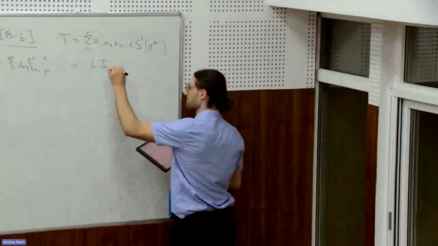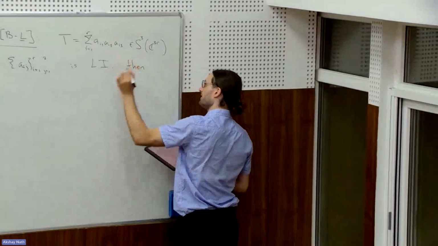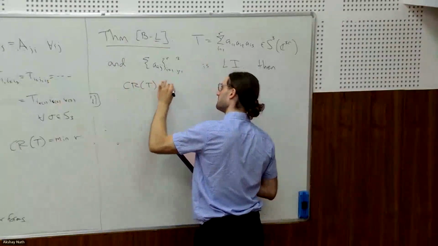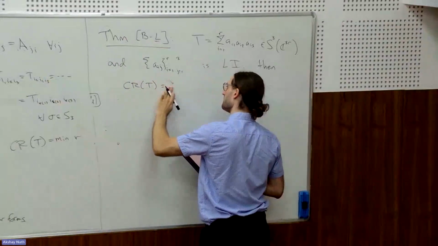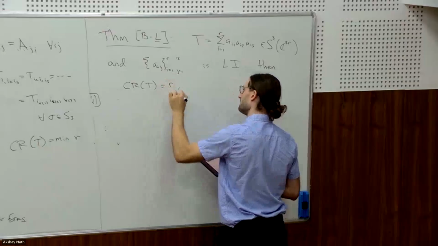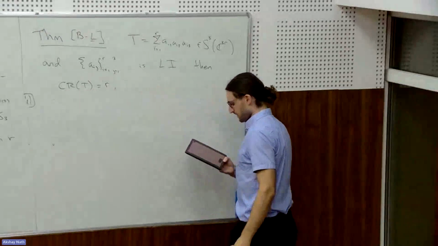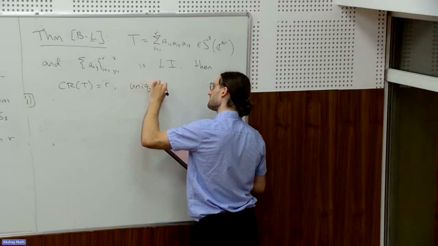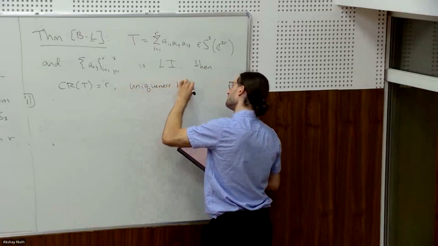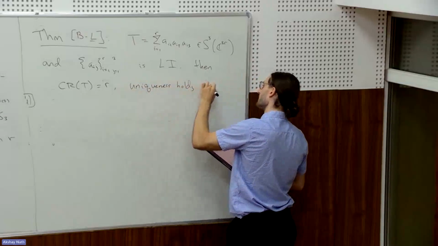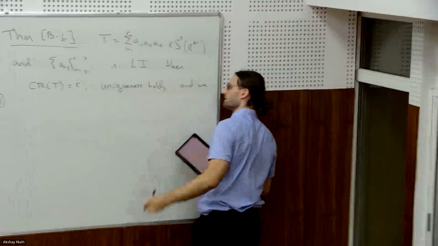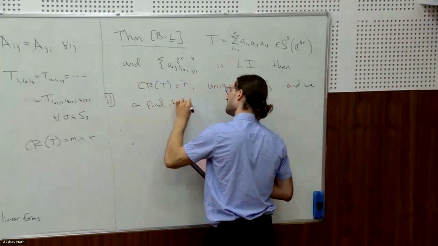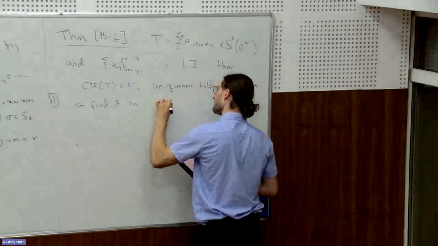Okay. Then the Chow rank is R. Uniqueness holds. This is the unique Chow rank decomposition, and we can find it in order n cubed time.